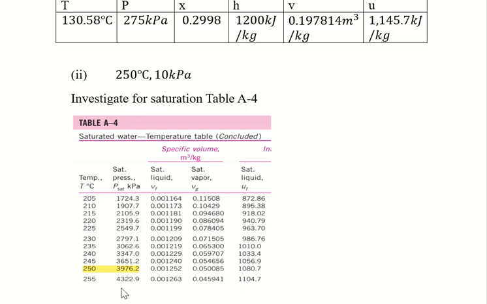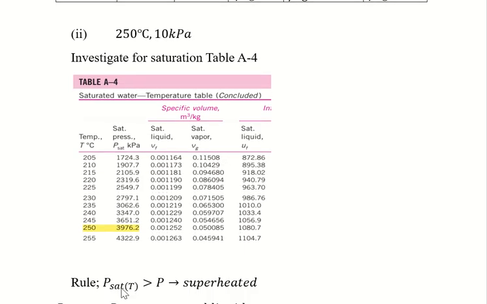So you realize that this pressure, from what we have said, if it were a compressed liquid... oh wow, yeah, it's superheated, just like I said. Superheated, because this temperature is so high. You see, we have a pressure here, and this pressure is greater than this.